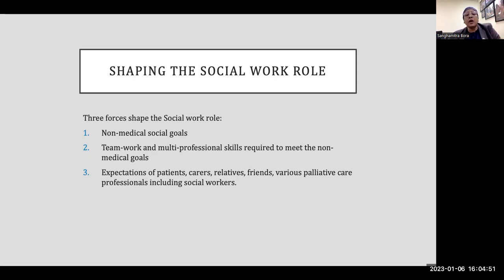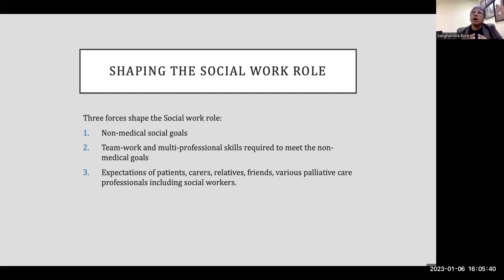the force that works towards the expectations of patients or the carers, the relatives of the patient, the friends of the patient, and various other palliative care professionals, including the social workers, would actually give shape to the social work role that is being taken not only by the social worker, but also by the palliative care physician, also by the palliative care nurse, the chaplain, or the pandit, or the pastoral worker who's inside the interdisciplinary team.